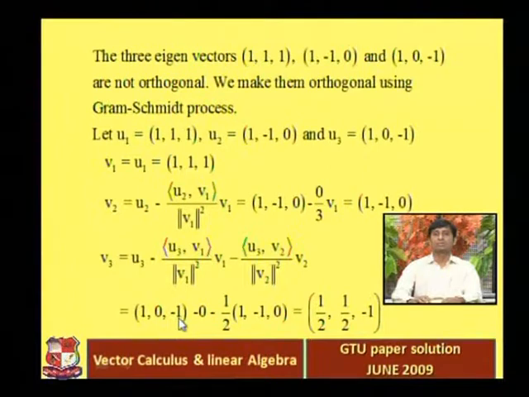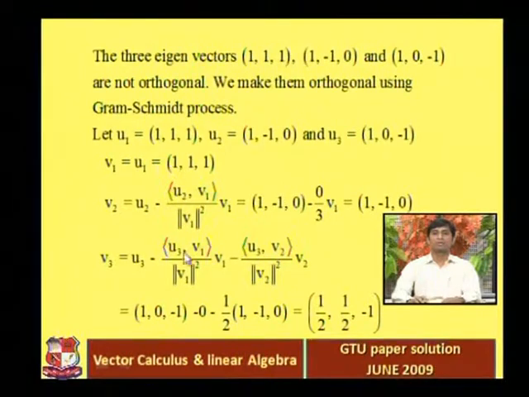The first term becomes 0, because u3 dot v1, that is 1, 0, minus 1 dot 1, 1, 1, is 1 minus 1, which gives 0. Now u3 v2 is 1, 0, minus 1 dot 1, minus 1, 0, so you get 1. So the inner product u3 v2 is 1.